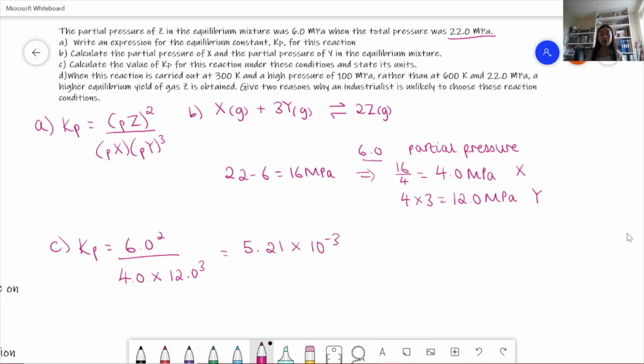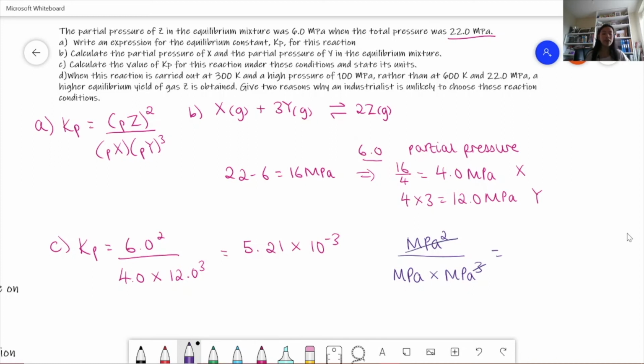And now we need to work out the units. So again, we write out the units separately and then cancel. So we've got megapascal squared on the top, and then we have a megapascal times by a megapascal to the cubed. And so we can start cancelling. So I can cancel 2 off this megapascal and cancel this one at the top.